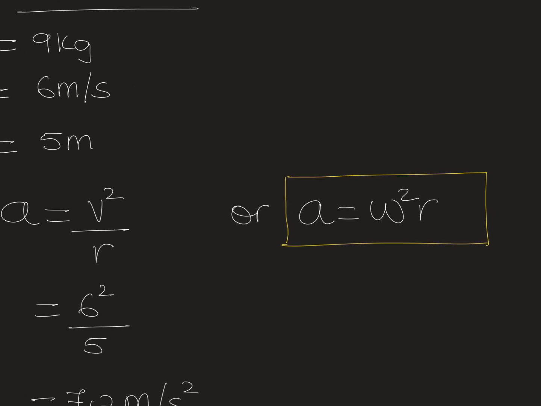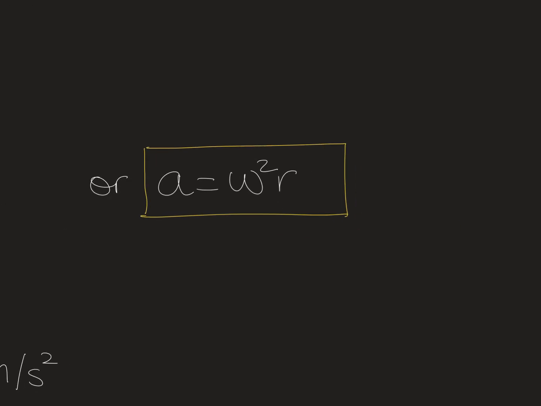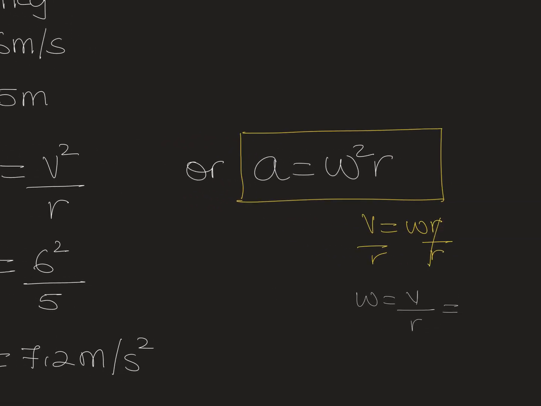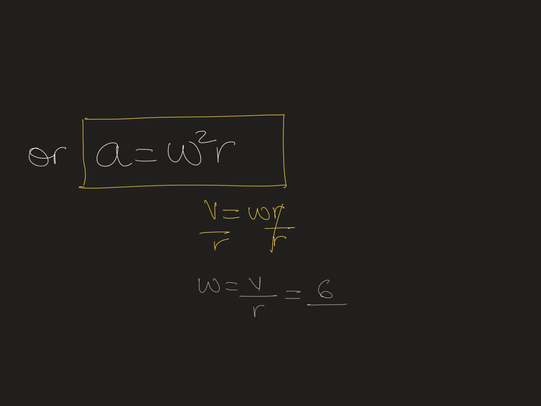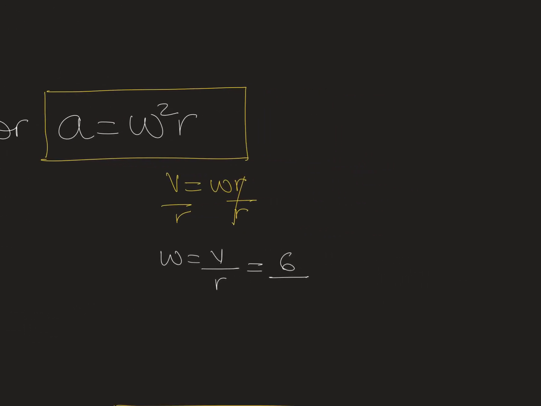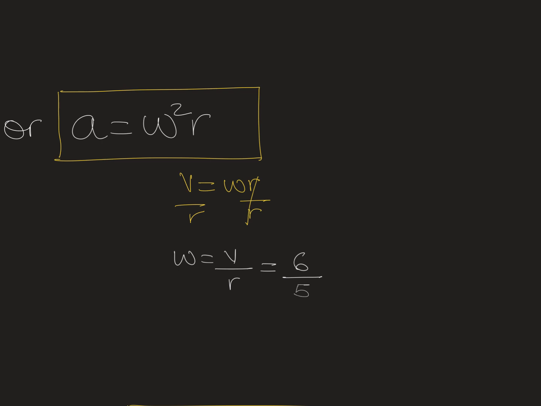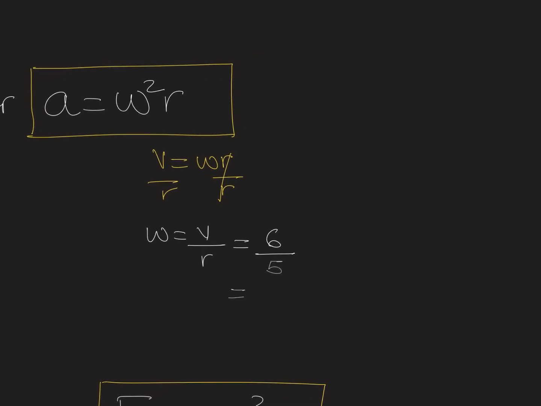Using v is equal to omega r, to find omega we divide both sides by r. So omega is equal to v divided by r. The linear velocity is 6, divided by the radius 5. So 6 divided by 5 is 1.2.